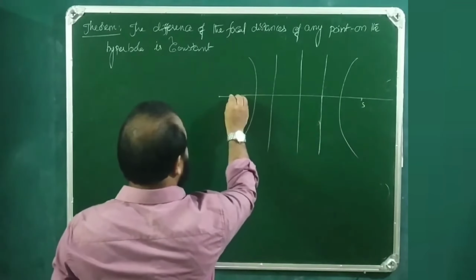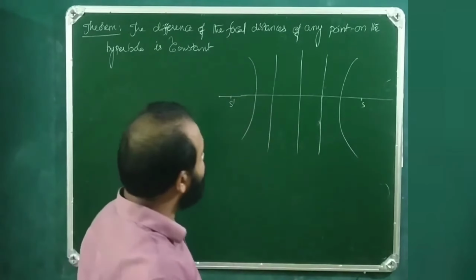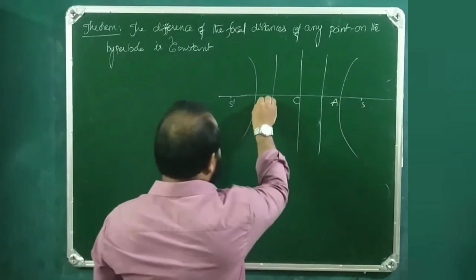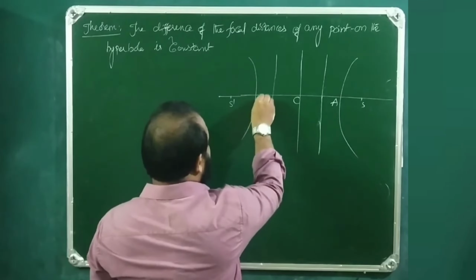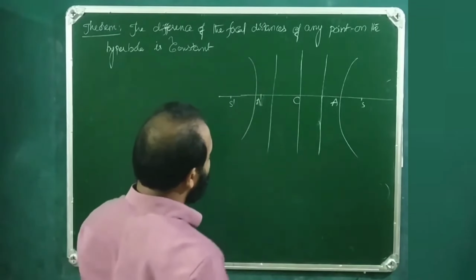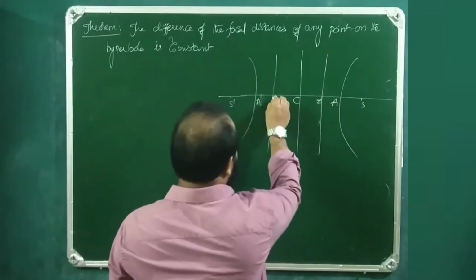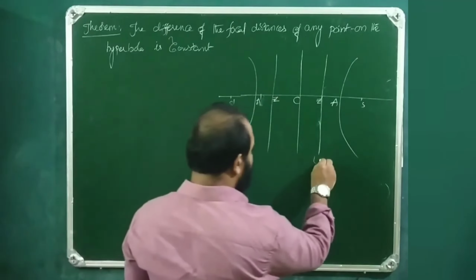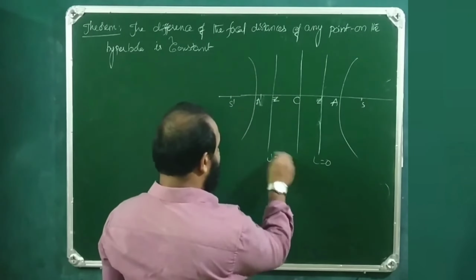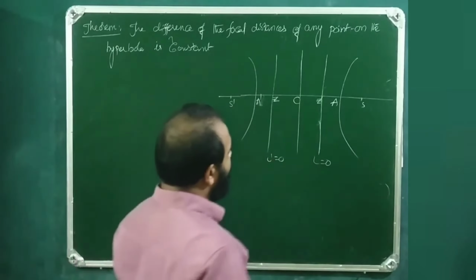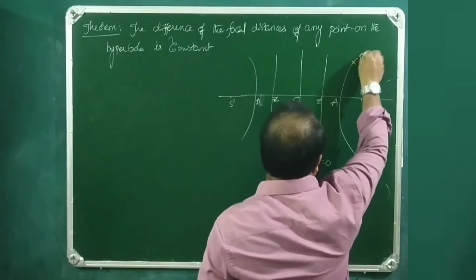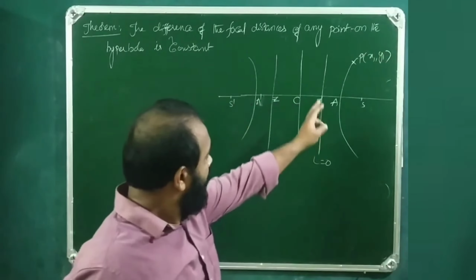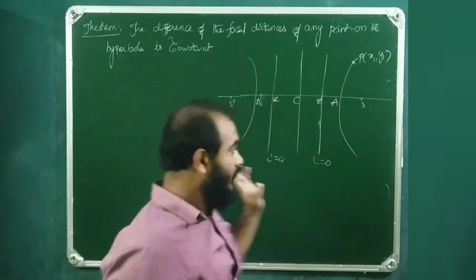S and S dash be the foci, C be the center, A and A dash be the vertices, Z and Z dash be the feet of the directrices, L equals 0 and L dash equals 0 are the directrices. Let P(x1, y1) be any point on the hyperbola.